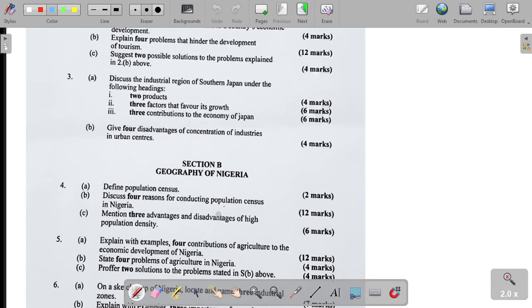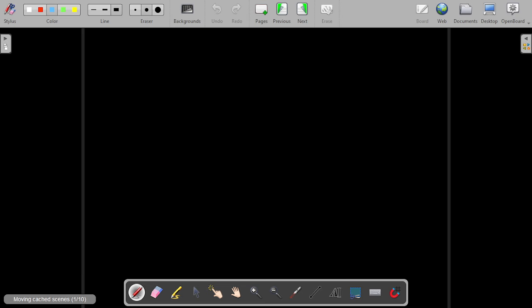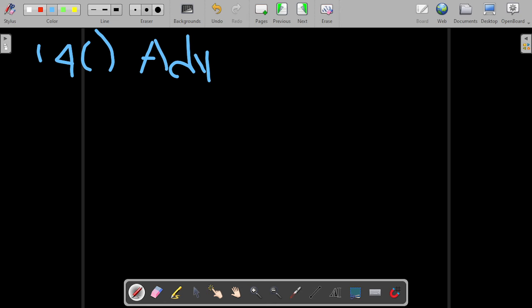Okay, number 4C. So let's start with the advantage. What are the advantages of high population density?